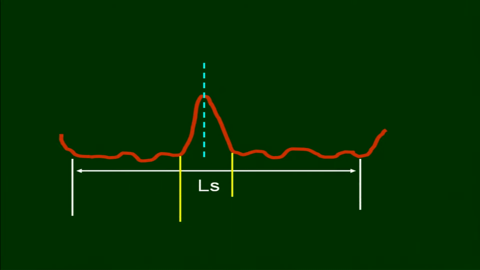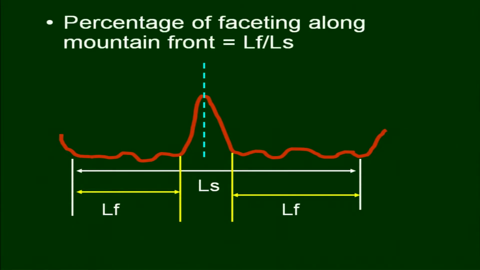Regarding triangular facets, one can also talk about the left hand side and right hand side. The percentage of faceting along the mountain front is the faceting index, indicating erodibility. One can talk about the facet ratio, LF by LS.